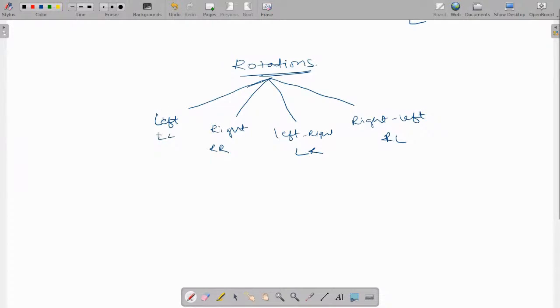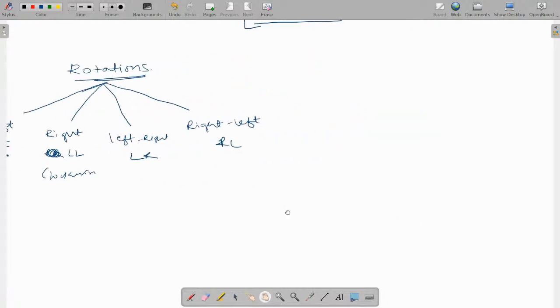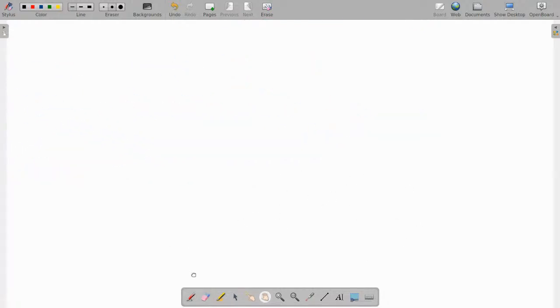My mistake. Left rotation is known as an RR rotation and right rotation is known as an LL rotation. In simpler terms, you can remember LL is for clockwise and this is for anti-clockwise. Don't go into technical terms here. We'll first discuss, then you will not even have to remember what is LL, what is RR, what is clockwise, anti-clockwise.